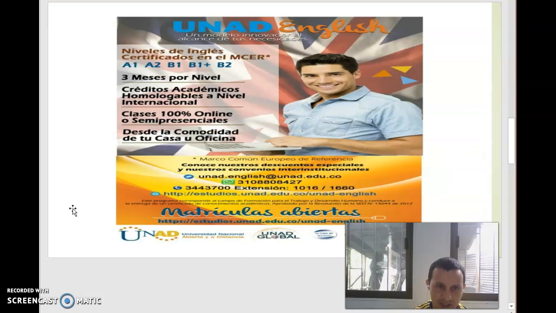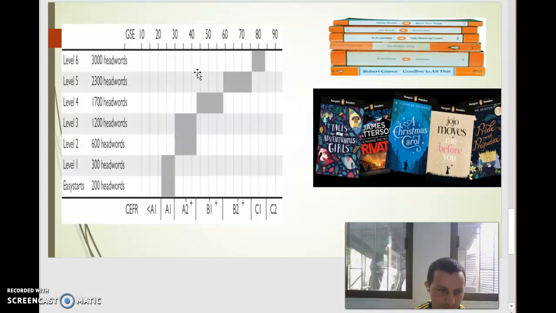For example, in this course at UNAT, they offer two different levels depending on the level of the student. With this information, we must create an assignment depending on the level.